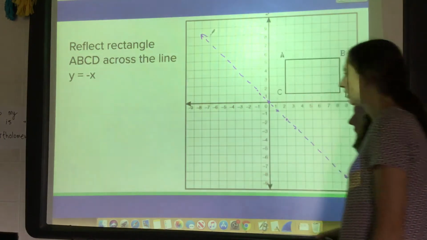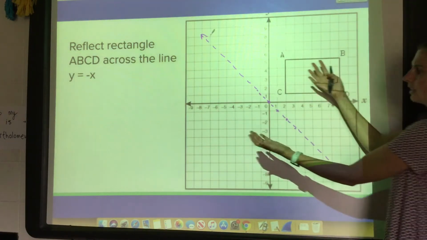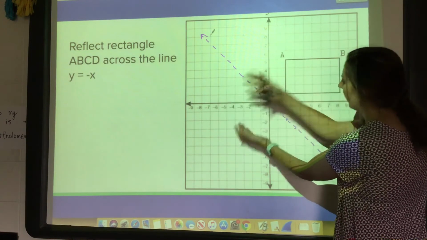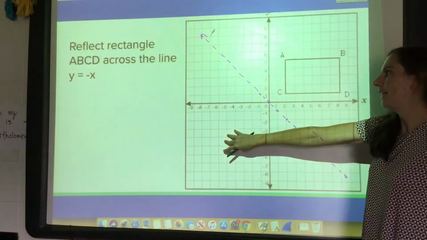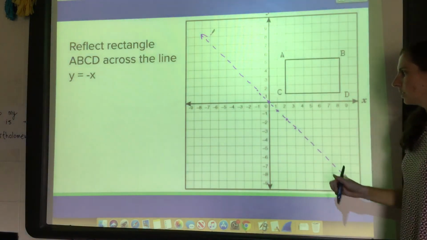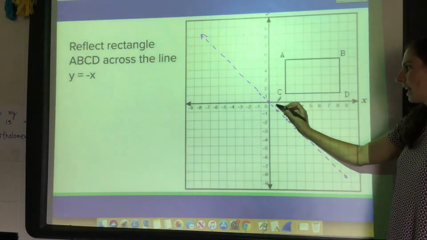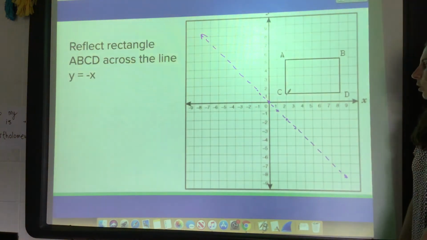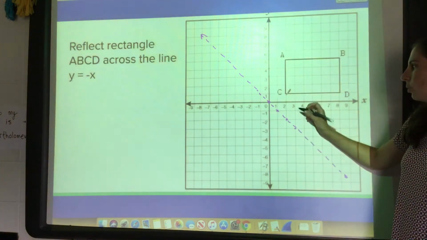If I'm going to reflect across that, think about folding your paper. If I fold this side over, it's going to land in quadrant 3 here. It's going to go from quadrant 1 to quadrant 3. So this one's a little trickier to figure out, like exactly how far from the line it is to that point. So what I would do is count the points.